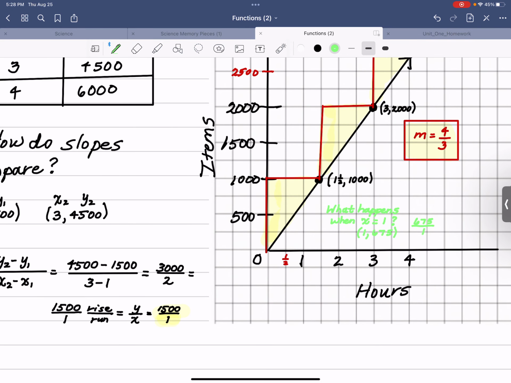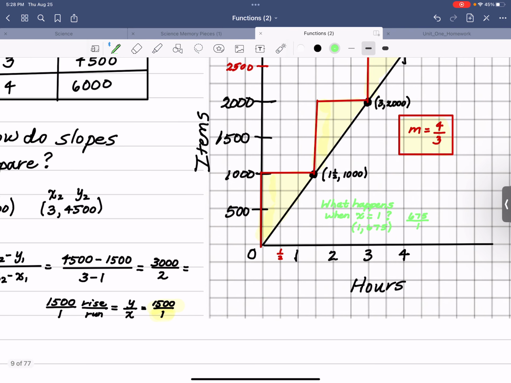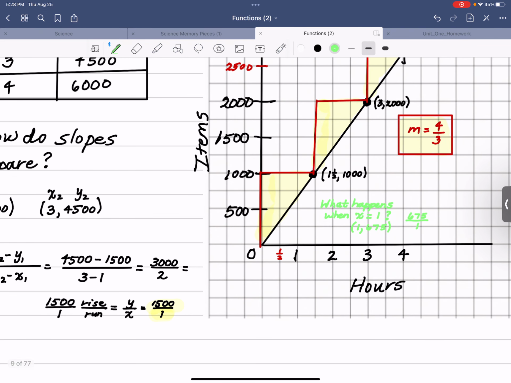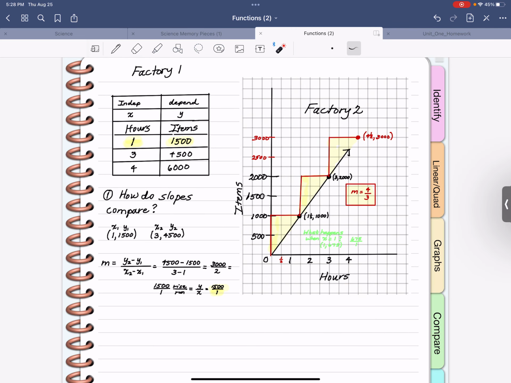This group is making 1,500 items in 1 hour. So no, the slopes are not equal. They're not even close. The first factory is way outproducing the second factory. It takes this second factory 2.5 hours to get to 1,500. So when we compare, the slopes are not equal.